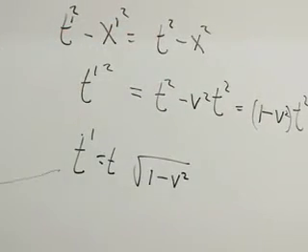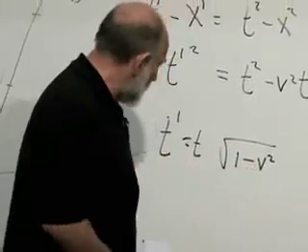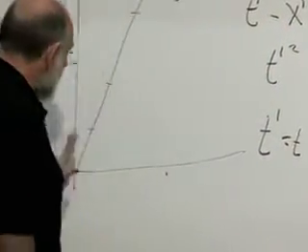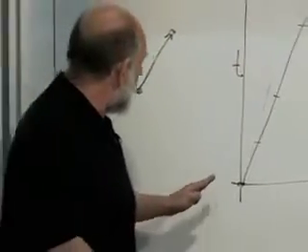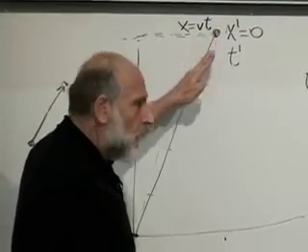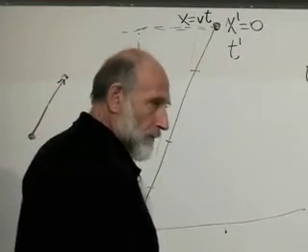That's the famous formula of time dilation, that when you see a moving clock, that moving clock will appear to move a little bit slow. Why slow? Because 1 minus v squared is less than 1. But everybody will agree about the value of the proper time between these 2 points, although they will disagree about the actual coordinate times.